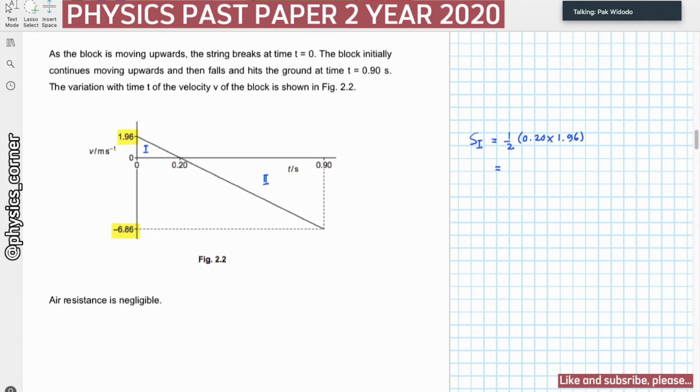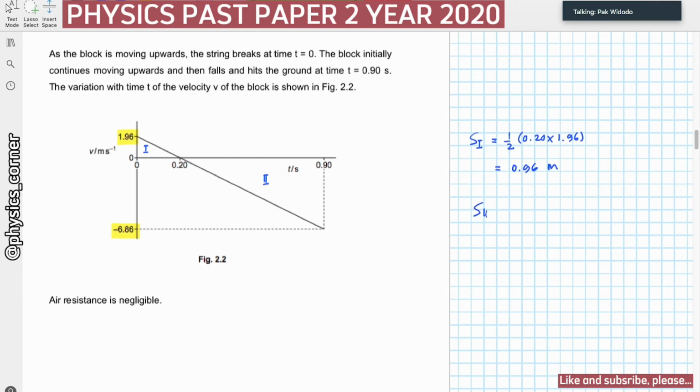This is the area of a triangle, so it is 0.1 times 1.69, which is 0.169 meters.